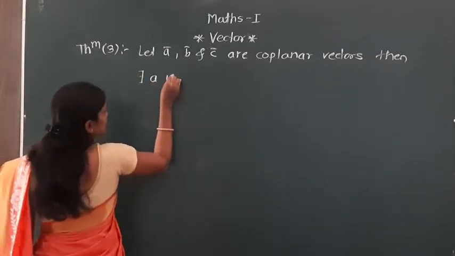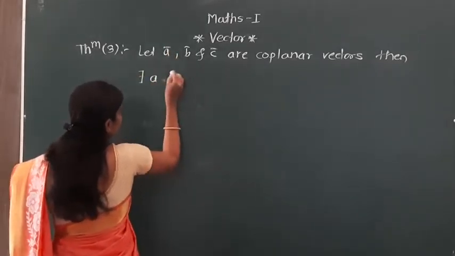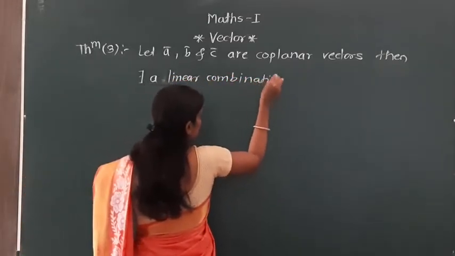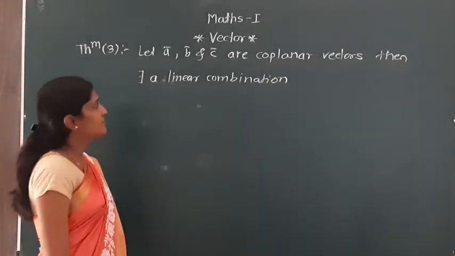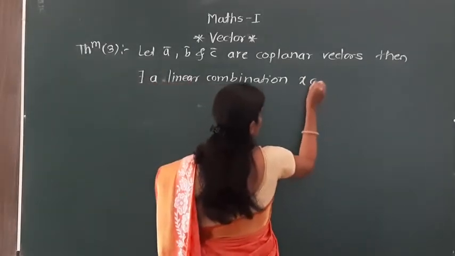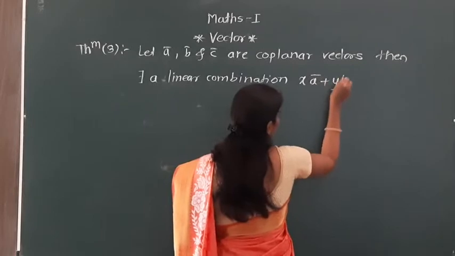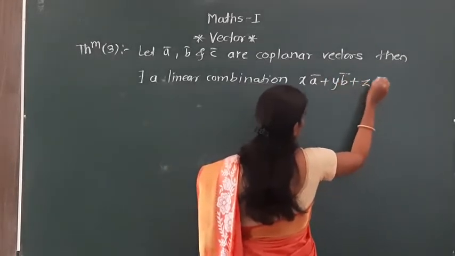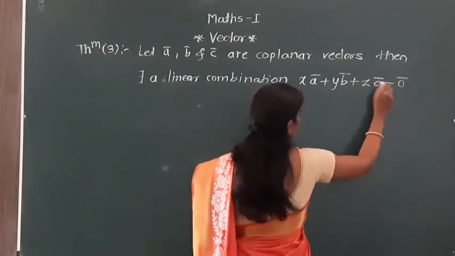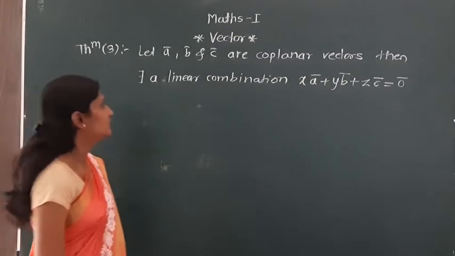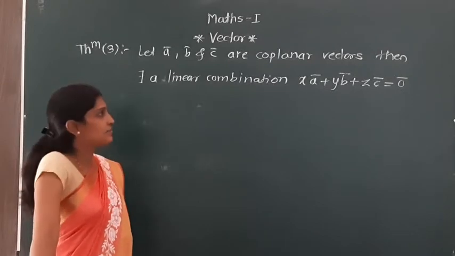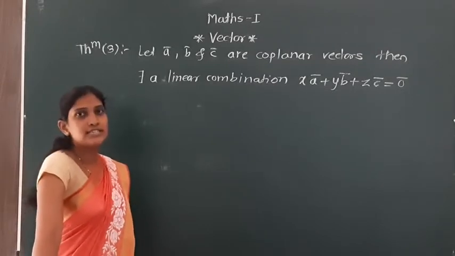there exists a linear combination x a bar plus y b bar plus z c bar is equal to 0 bar.